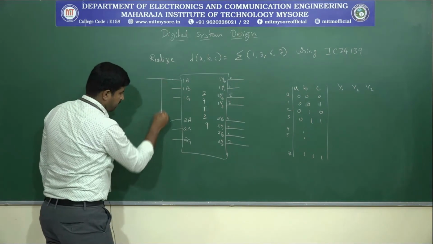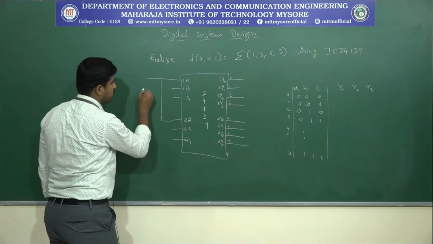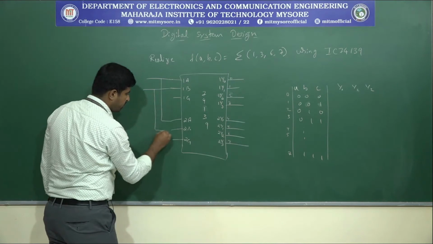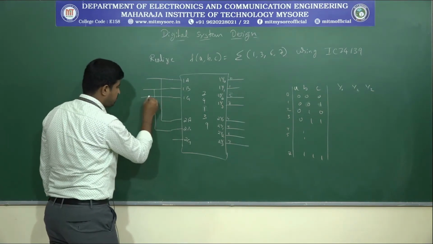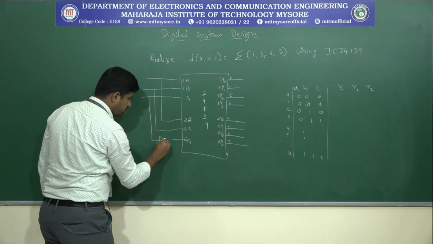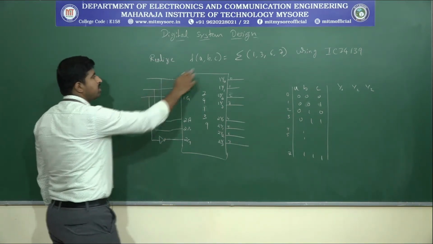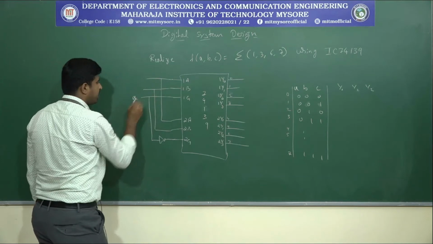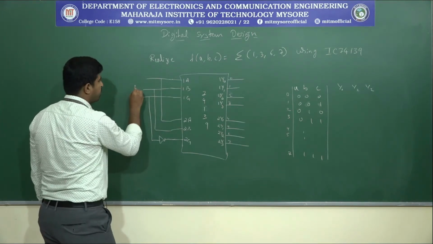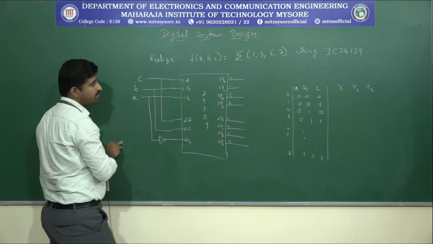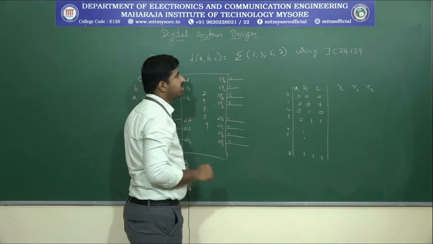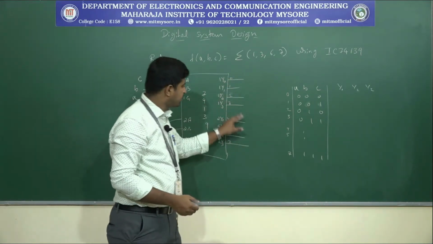So 1A and 1B will be shorted, next 1B and 2B will be shorted, and then 1G and 2G with the NOT gate. As per the given function, MSB is A, so this should be connected to A, and next this should be B and this should be C, and then the terminals 1, 3, 6, 7 will be connected.